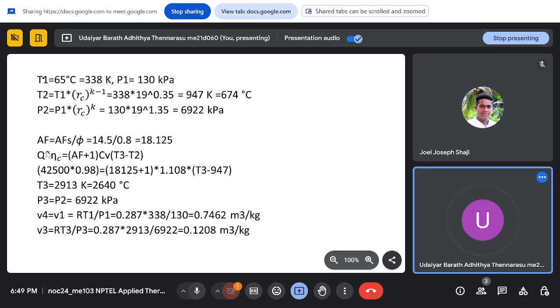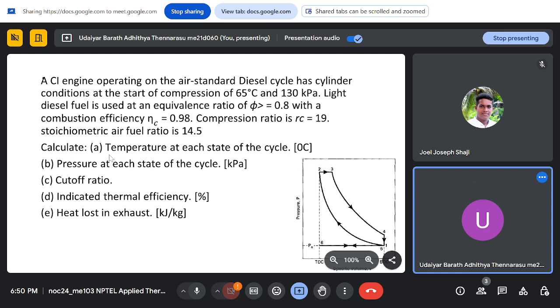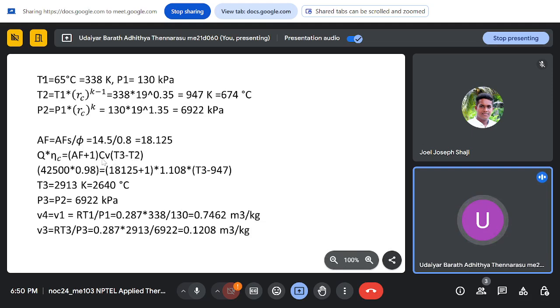With that, just like the previous expression, your heat addition is equal to, here it's happening at constant pressure, so this is not CvdT but CpdT. So Q into combustion efficiency into air fuel ratio plus 1 into CpdT. So the heat added will be equal to the change in enthalpy.